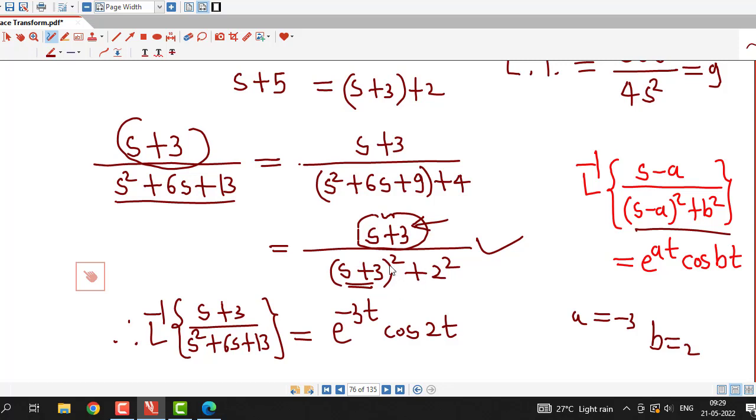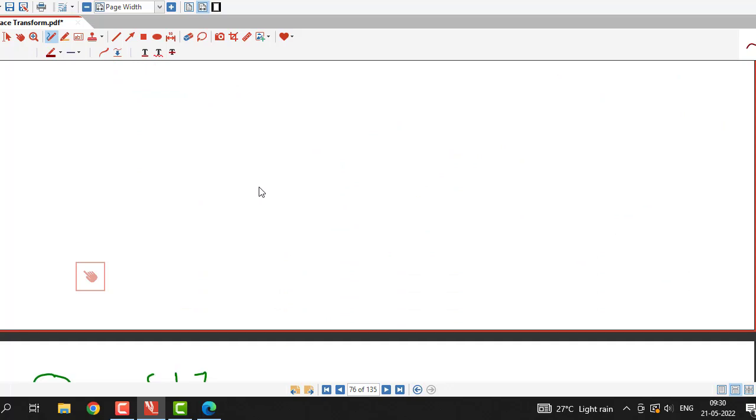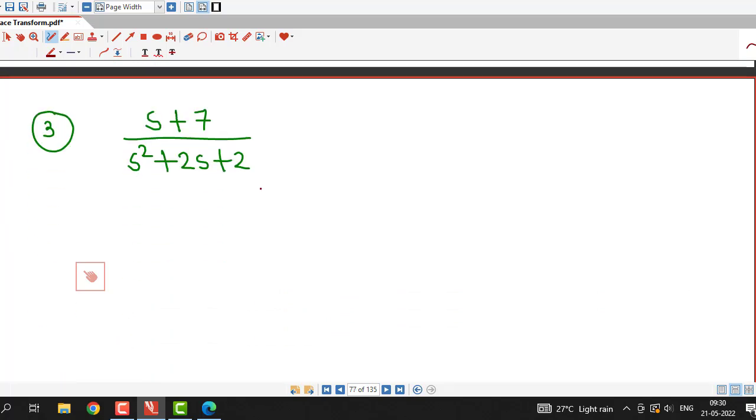And so in short, we have to write our function in such a way that we can use the formulas for inverse Laplace transform. We consider one more example in which we will have that type of situation.